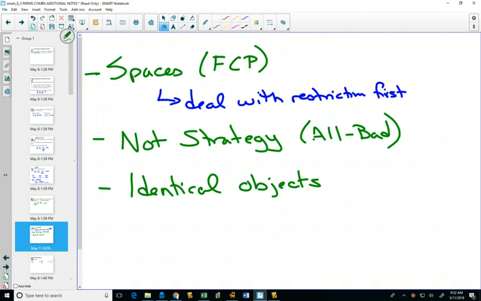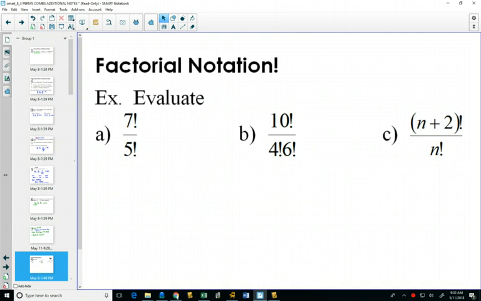All right, let's continue with factorial notation. Evaluate each of those, simplify each of those without your calculator. Now, one of the techniques that we're going to use to simplify factorials, you can write 7, 6, 5, 4, 3, 2, 1 all the way down to 1 and 5, 4, 3, 2, 1 all the way down to the 1.